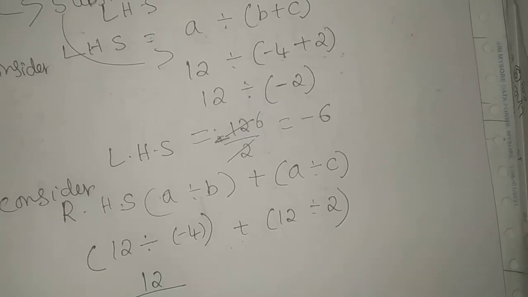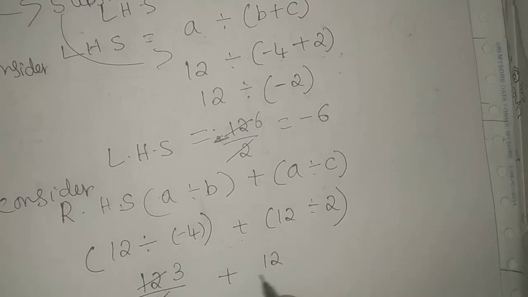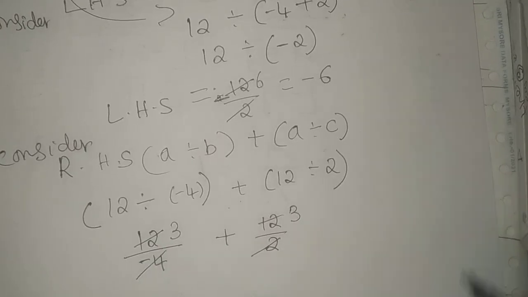Therefore 12 divided by minus 4 means 4 threes are 12, so minus 3, plus 12 divided by 2, where 2 sixes are 12.